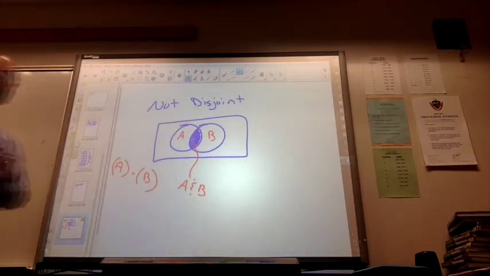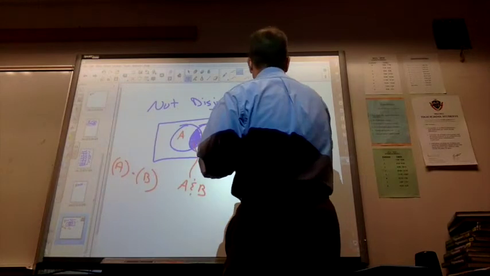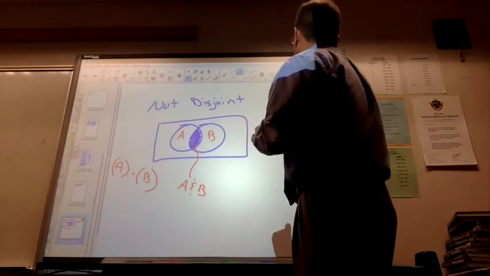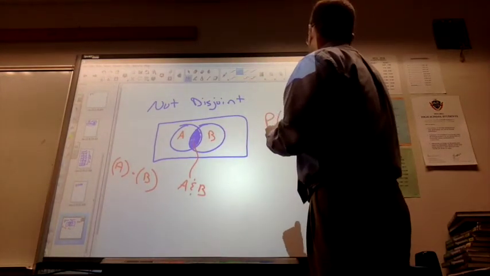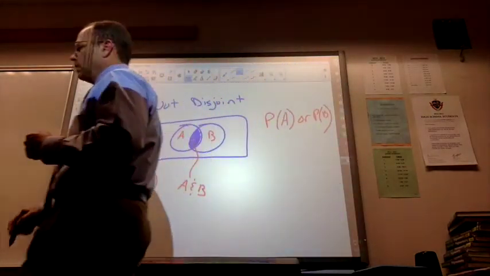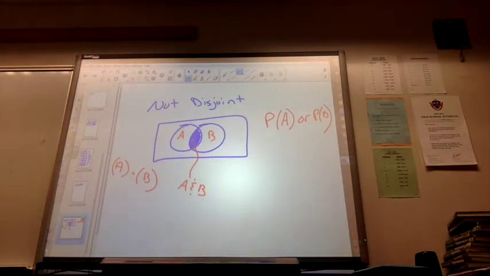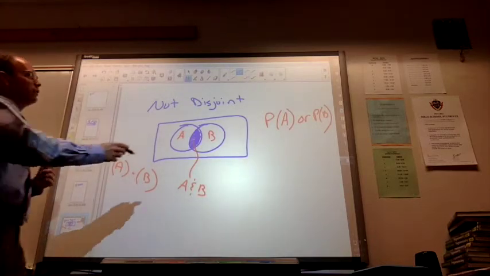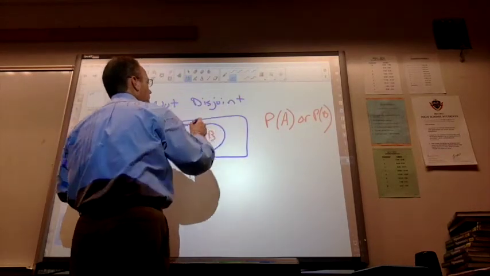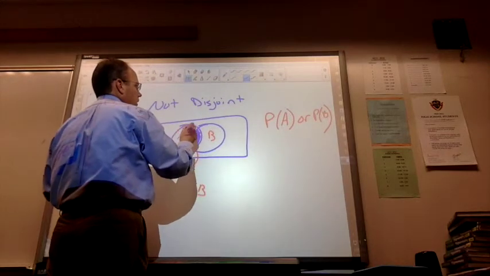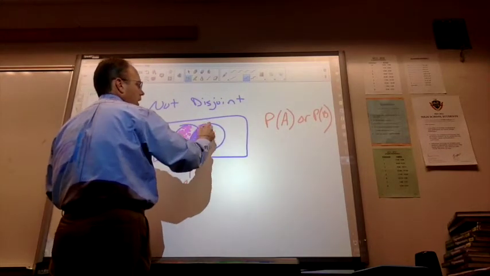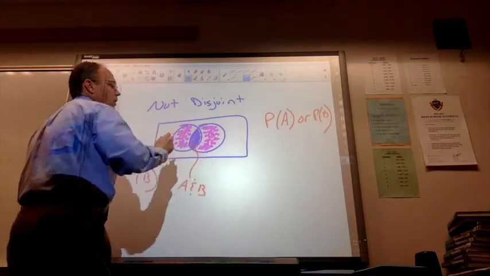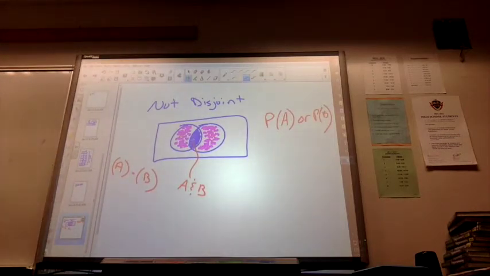So if I wanted to know the probability of A or the probability of B happening, we're going to go this way. Probability of A or B. So A or B is this region, this here and this here as far as areas. Notice what I'm not including: the middle.